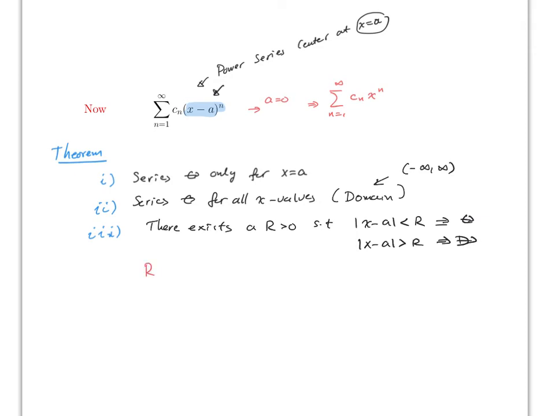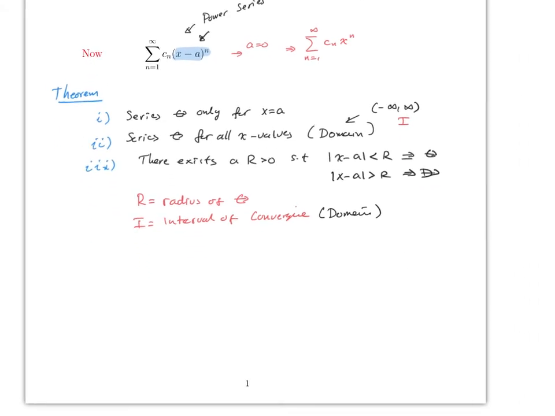Here r is called the radius of convergence, and we also need I, which is called the interval of convergence. You can think of the interval of convergence also as the domain. In the second case, the interval of convergence is everything from minus infinity to infinity.